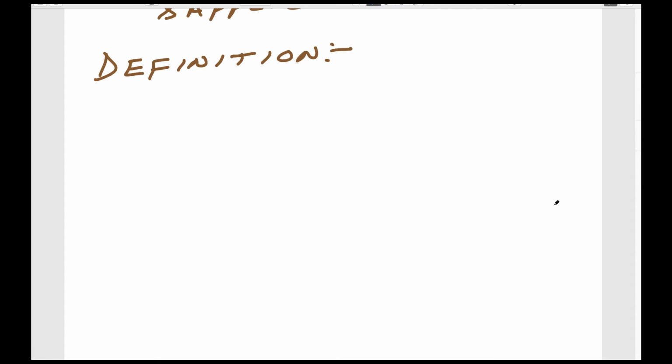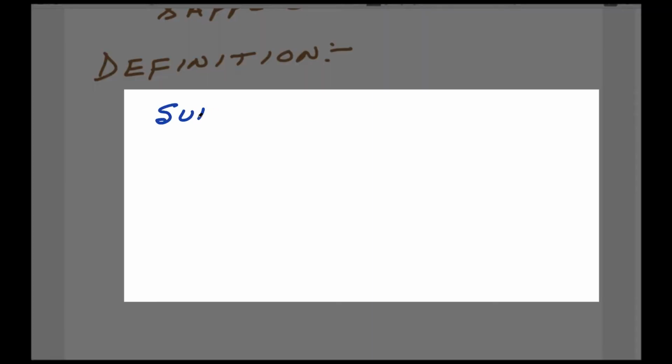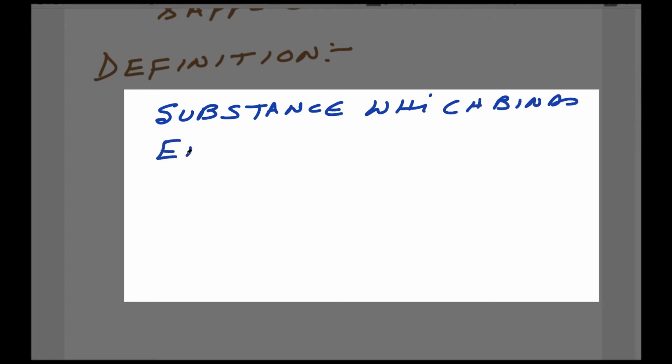Enzyme inhibition is the substance which binds the enzyme. Here note, it is not the substrate.